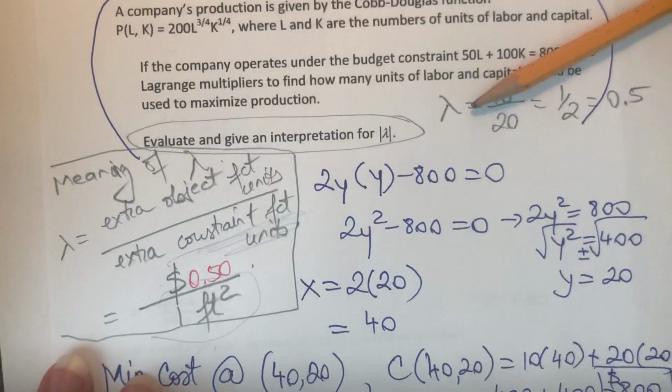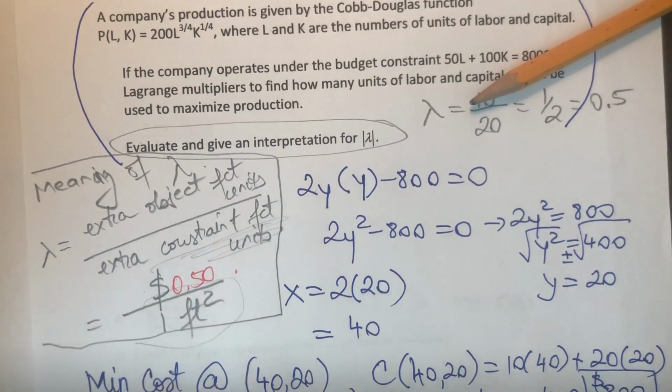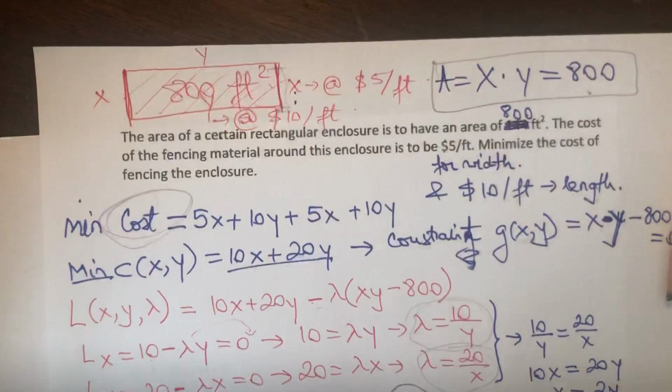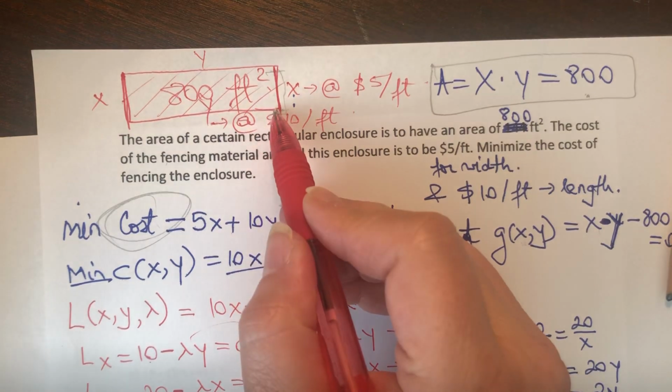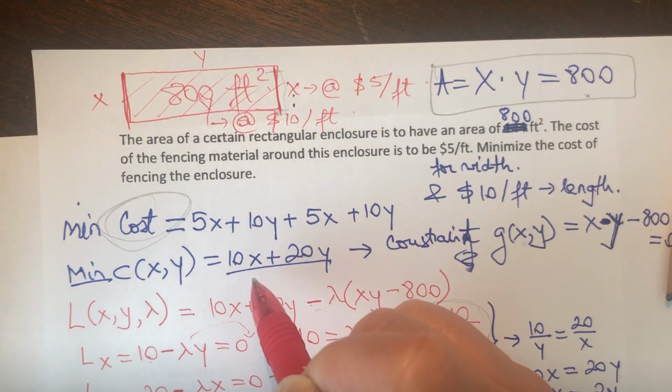Okay, so what does that simply mean? It simply means that if you're going to put one extra square foot of area in this enclosure, the cost of the fencing will go up by 50 cents. So for every extra square foot added in here to your enclosure, the cost of this fencing will go up by 50 cents.